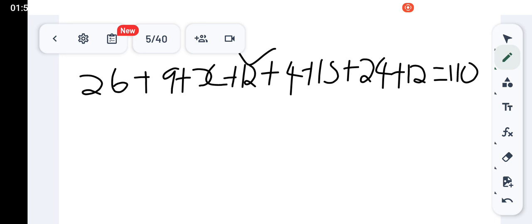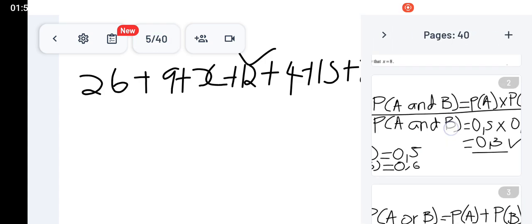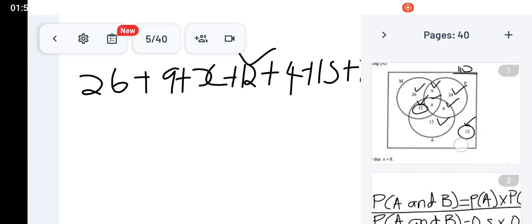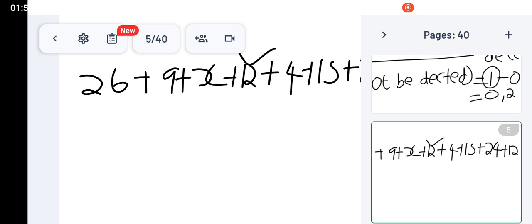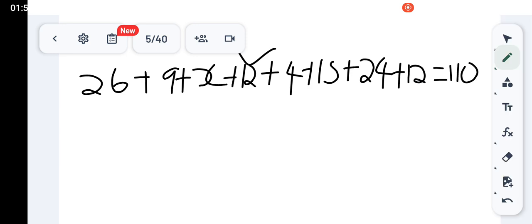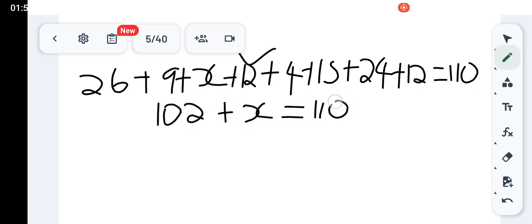So 26 plus 9 plus 12 plus 4 plus 15 plus 24, yes, 24 plus 12, yes, this is equal to 102 plus x is equal to 110.